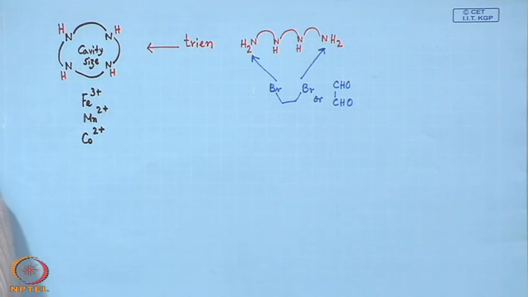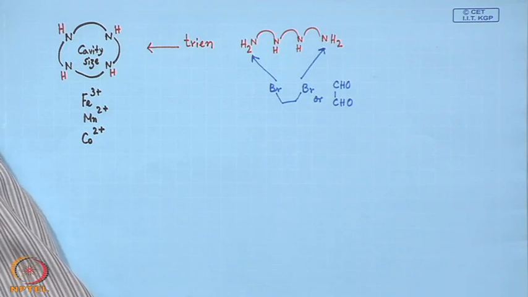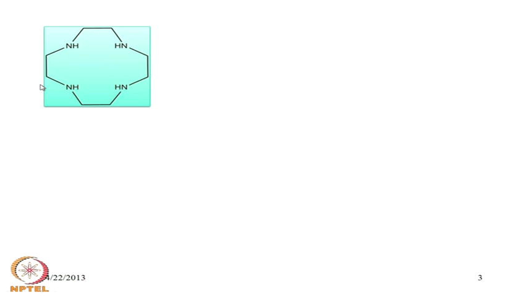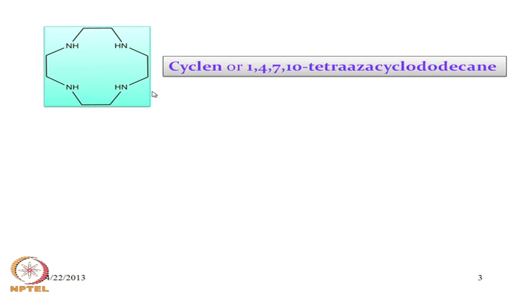So, if we have only the ethylene backbone for these, so all the 4 nitrogen atoms are connected by 4 ethylene bridges, then we get one particular type of ligand which is known as cyclen, which is nothing but 1, 4, 7, 10 tetraazacyclododecane, like that of tacn, triazacyclononane, which is cyclododecane.